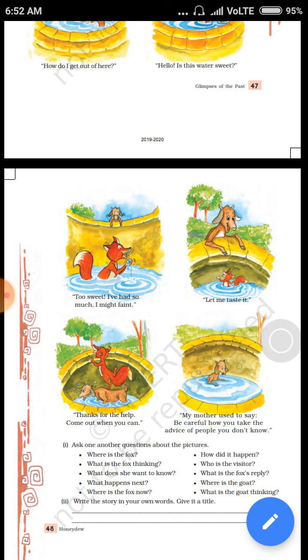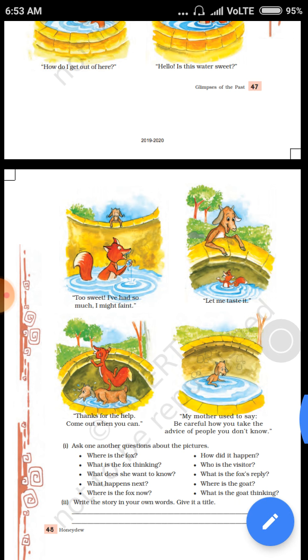Where is the fox now? The fox is out of the well now. And the last question. What is the goat thinking? The goat is thinking to come out of the well.